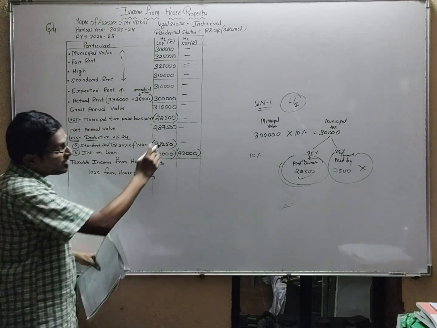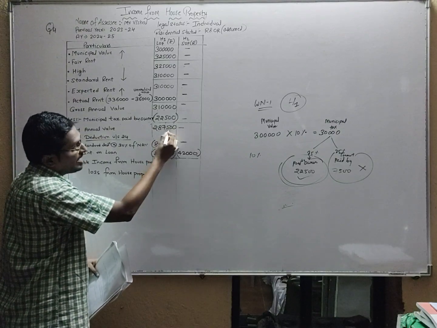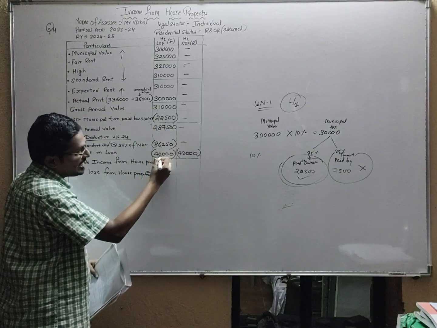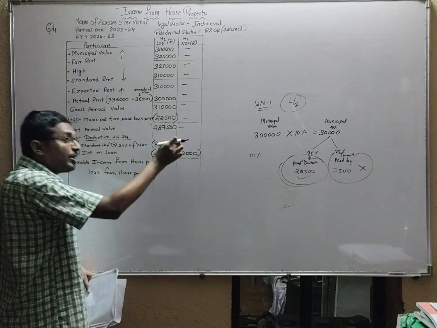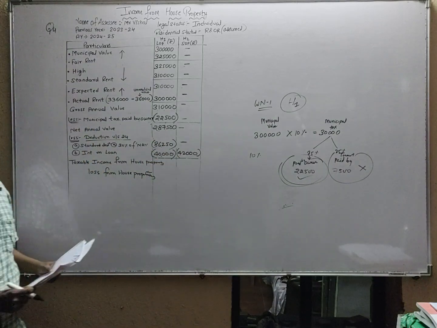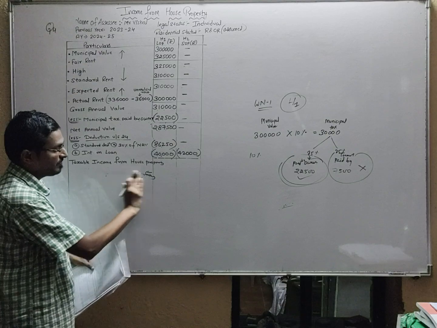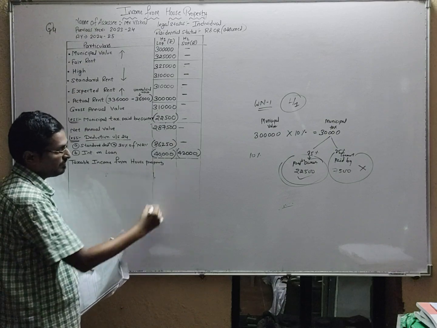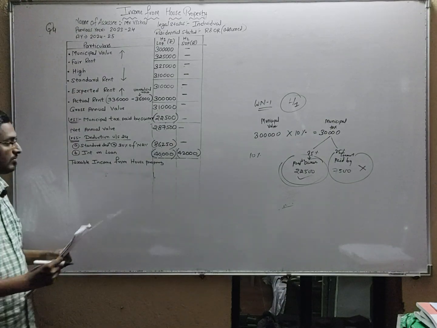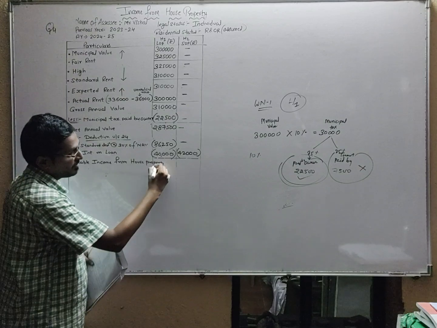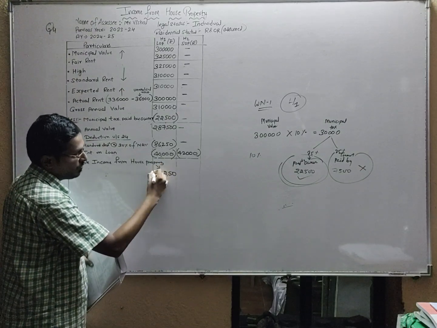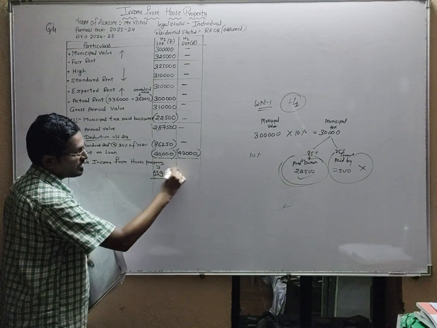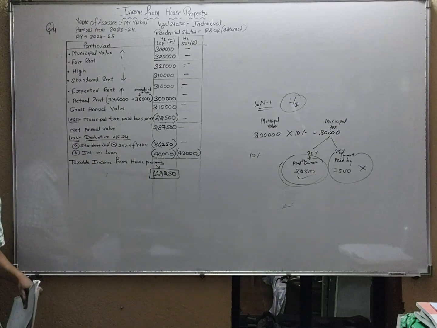So 2,87,500, from that you minus 86,250, 40,000 interest on loan of house property 1 and 42,000 interest on house property 2 also you minus. How much you get? Very good, 1,19,250. So students, this is your taxable income from house property.